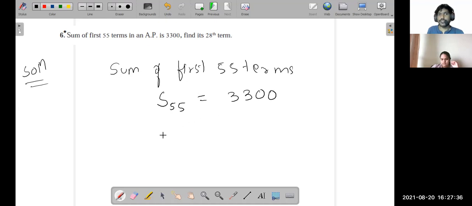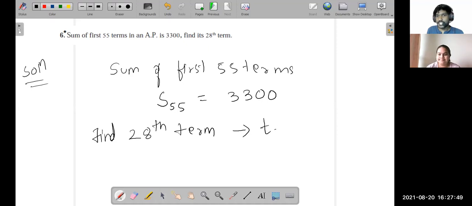They are asking you to find the 28th term. Find 28th term. Okay, 28th term means T28 you have to find out. Is this clear? Yes.